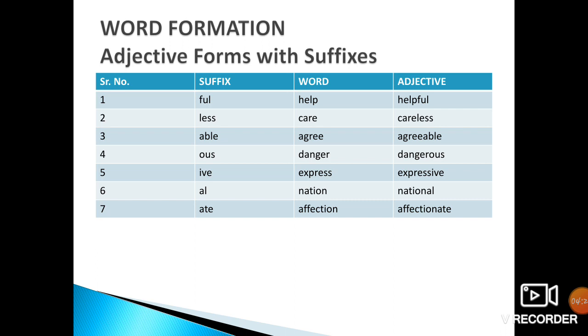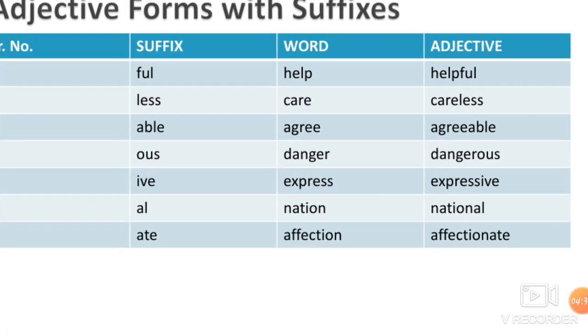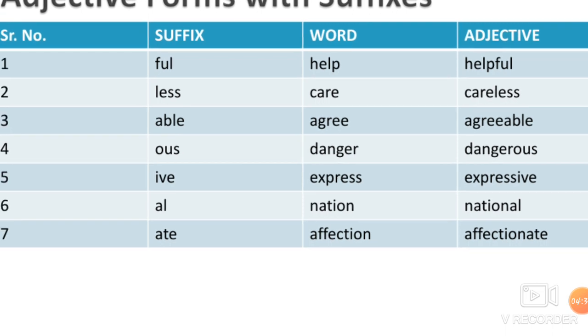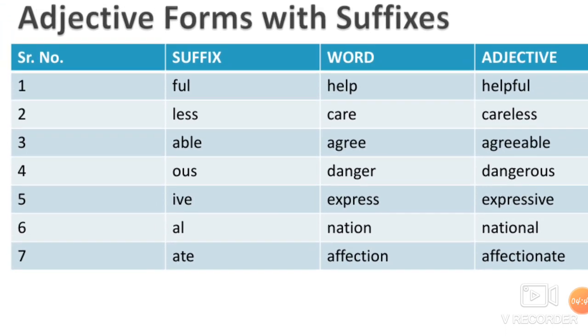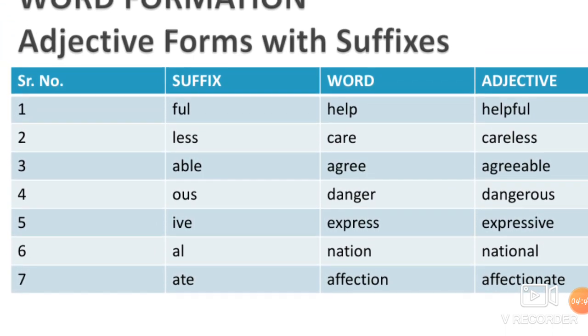Let's see the next slide. It is word formation where adjective forms are shown to you with suffixes. In this, suffixes, the root words and their adjective forms are shown to you. 7 examples again. Root word help becomes helpful. Care becomes careless.